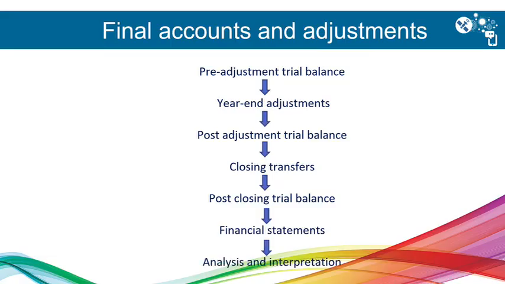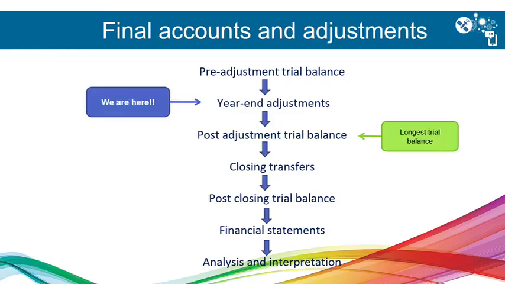Now the information in the post-closing trial balance is the same as the information in the statement of financial position, and the statement of comprehensive income will be the same information as in your trading account and your profit and loss account. Now we are here at the year-end adjustments. Post-adjustment trial balance, that's the longest one, and the post-closing trial balance is the shortest one.